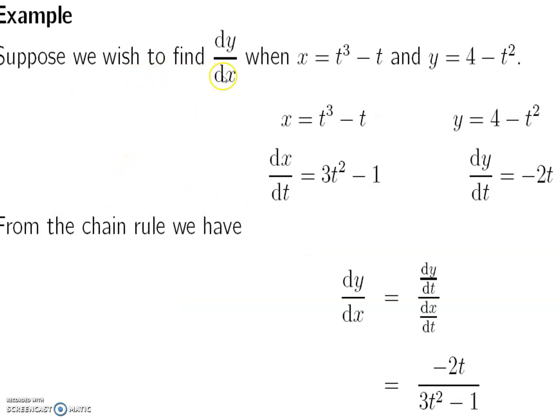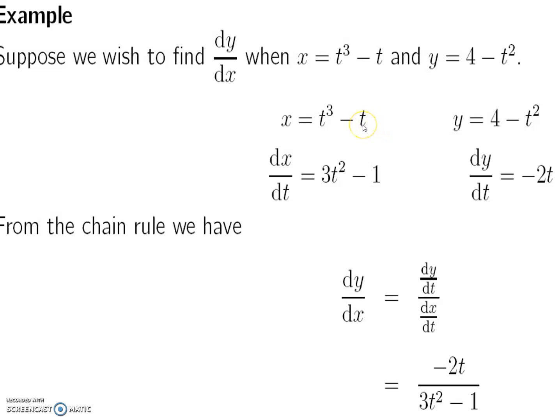Suppose we have to find dy by dx when x is equal to t cube minus t and y is equal to 4 minus t square. We have to find the derivative with respect to t. dx upon dt: what is the derivative of x cube? Yes, 3x square, so the derivative of t cube is 3t square.